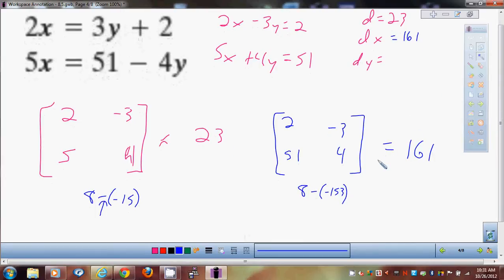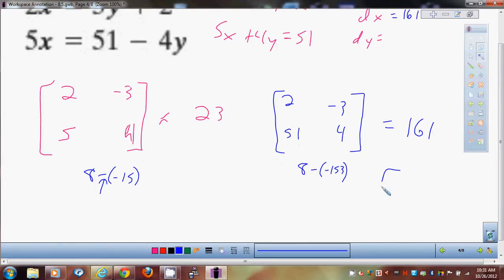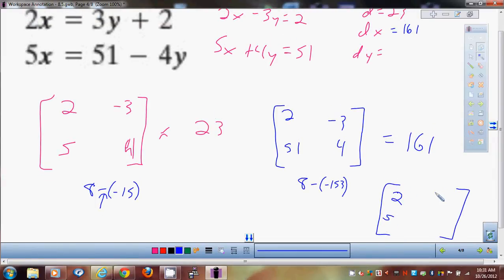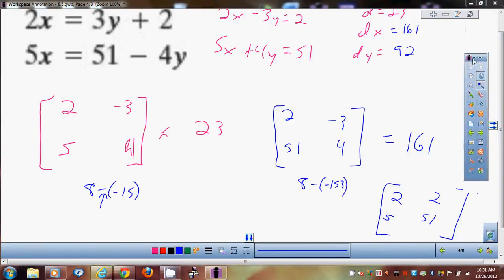Okay, what's going to be my matrix for my dy? Yes, 2, 5, 2, 51. Determinant, 102 minus 10 is 92. And now all we have to do is dx over d and dy over d.